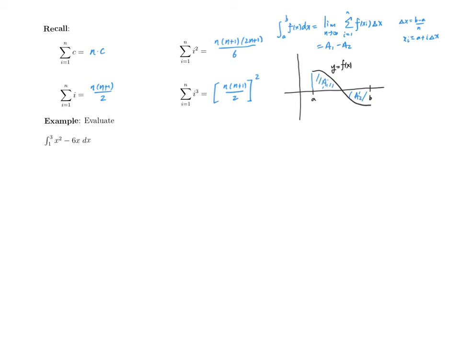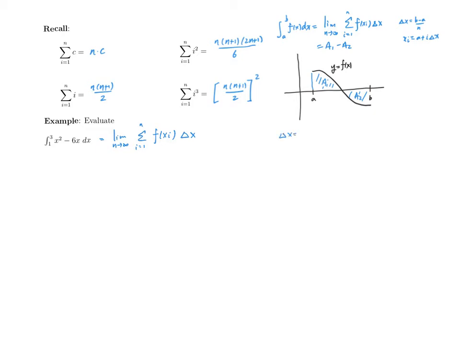Applying our definition, I will always start by simply writing out what it tells me. This would be the limit as n approaches infinity of the sum from i equals 1 to n of f of x sub i delta x. To the side, let me write out what a few of these quantities are to simplify our sum and resulting limit in a moment.